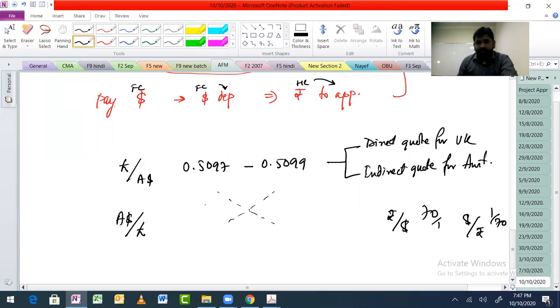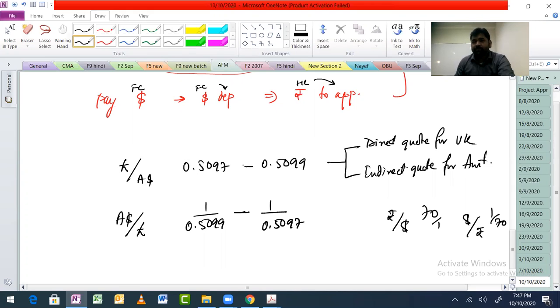So the answer here will be 1 by 0.5099, and then 1 by 0.5097. So this will be the direct quote for Australia and indirect quote for UK.